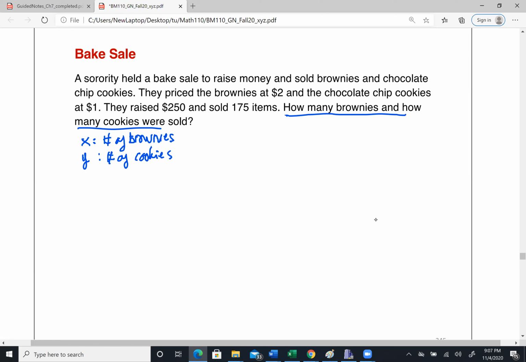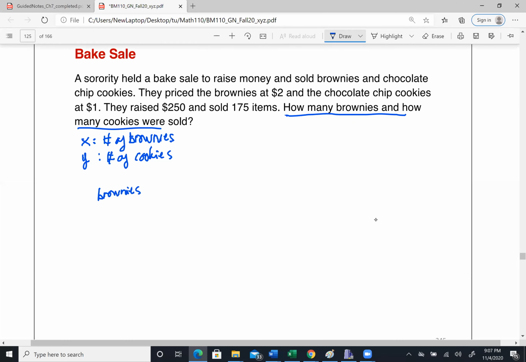So using a table with brownies and cookies.